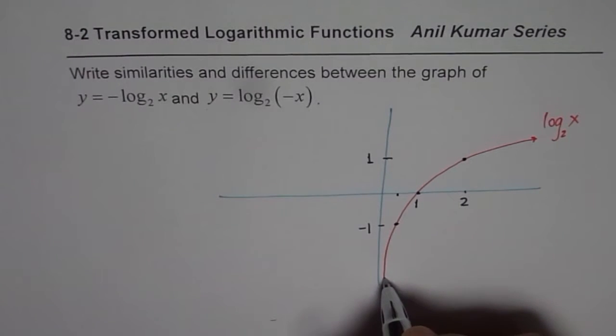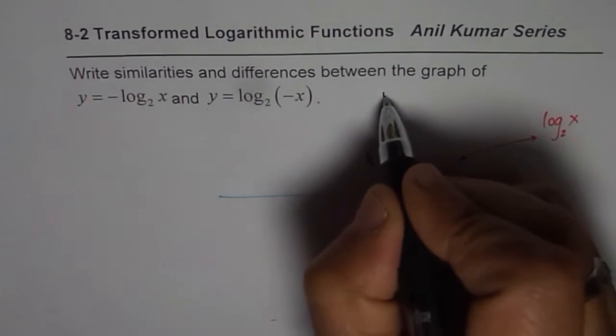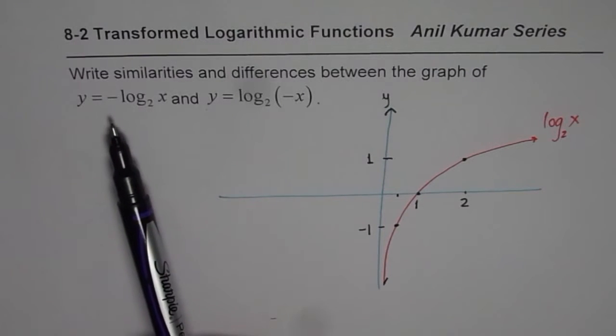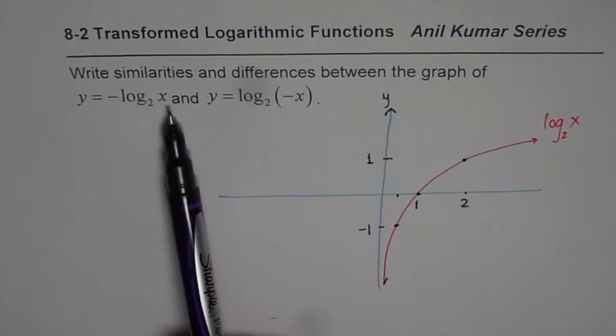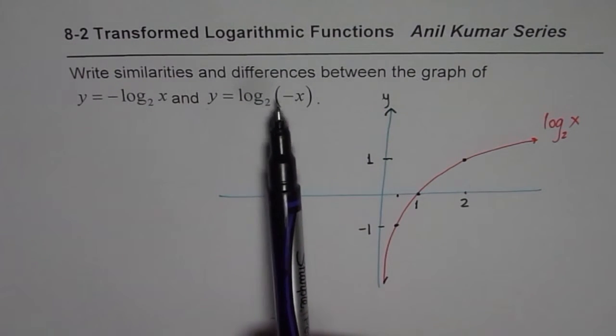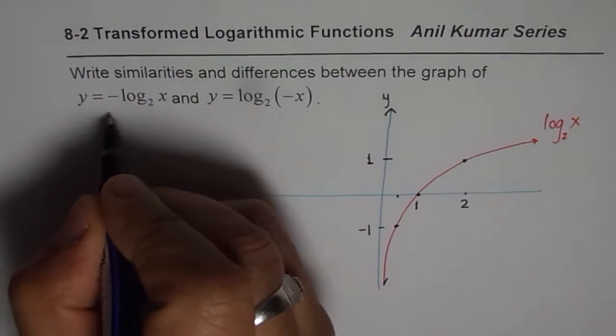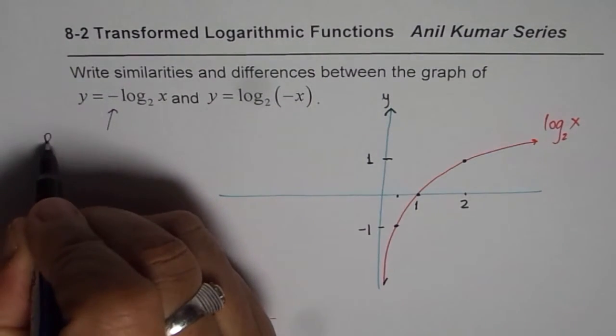And of course, the vertical asymptote, which is along the y-axis, right? This is a function log 2 of x. Now what we need to compare is two different functions which are minus log 2 of x and log 2 of minus x. Now how are these functions similar or different? Now that means, this minus means a reflection on what?